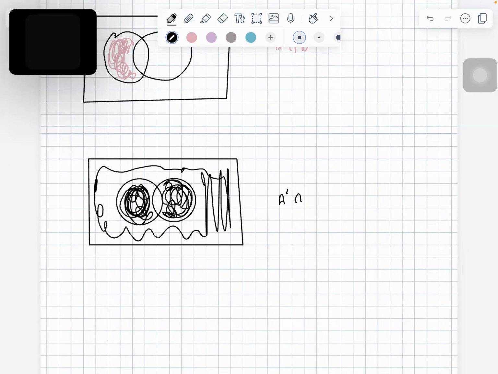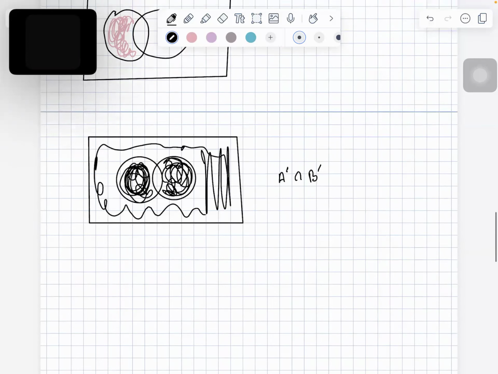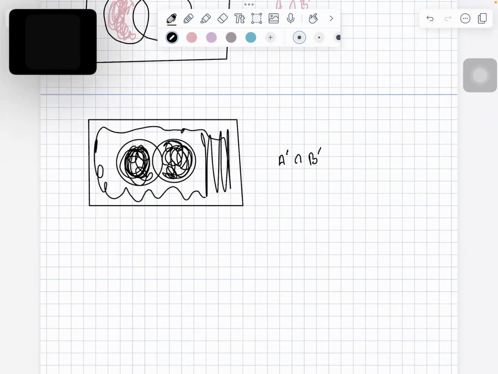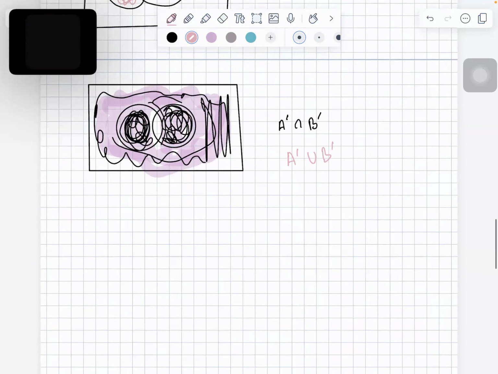Okay. So when we shaded A complement, we shaded all of this part. Oops, let me change. When we shaded B complement, I think it's union. I think it's union. A complement union B complement, I think. So you think it's this? Yeah, that's correct. Okay.